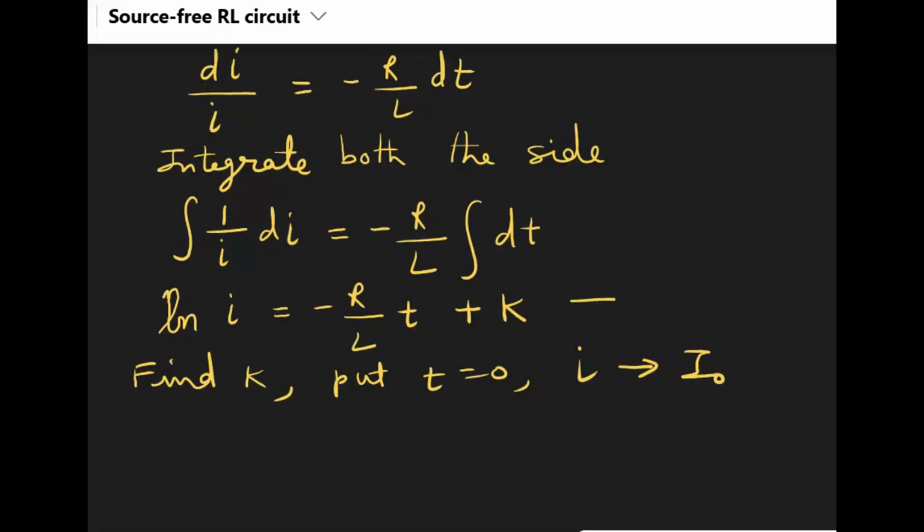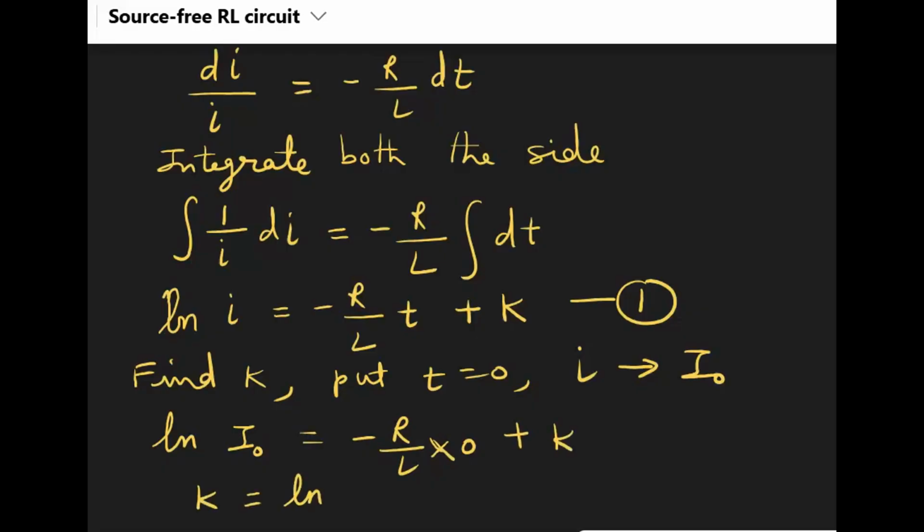If we put this initial condition in equation 1, we get ln I0 equals minus R by L multiplied by 0, because time is 0, plus k. Hence k will become ln I0. Now we substitute this value of k in equation 1.